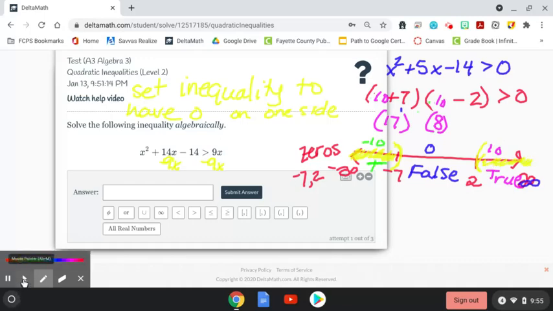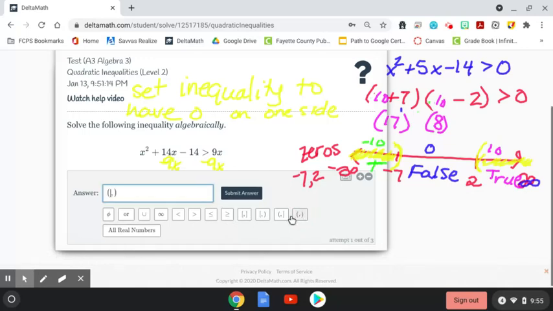So when I go to type in my answer, I'll have parentheses negative infinity to negative 7, and I'm going to use this union symbol because I need another set of parentheses. So parentheses 2 to infinity.